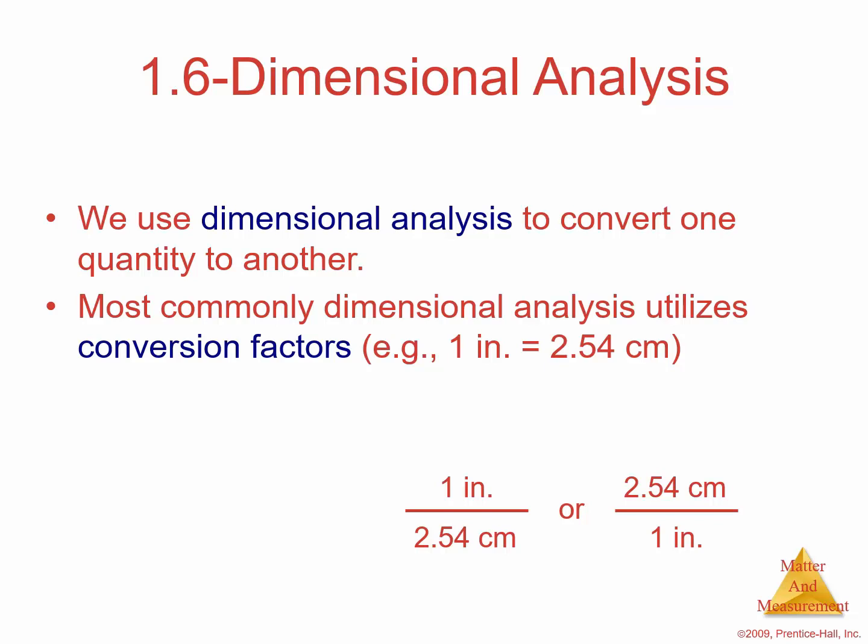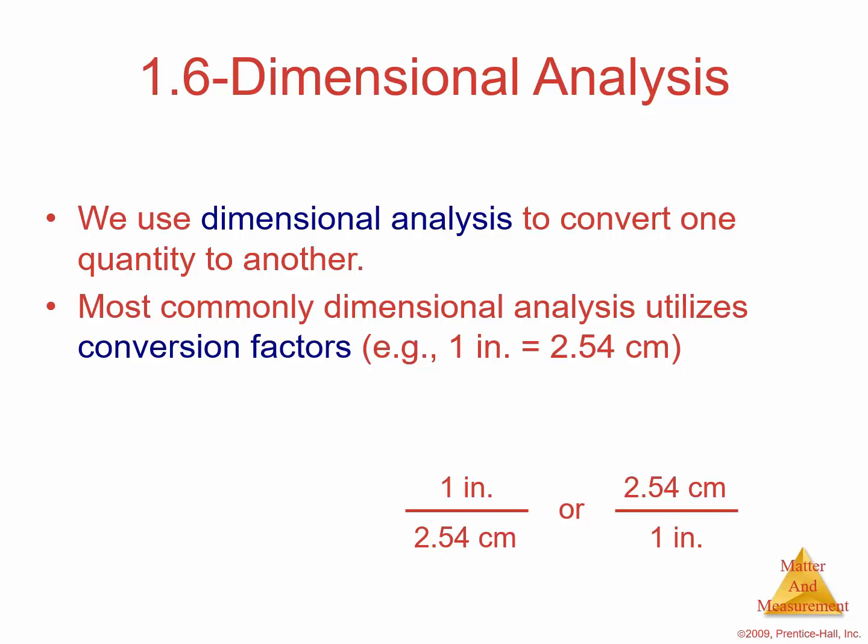So remember, this relationship allows us to write two conversion factors: there are 2.54 centimeter per inch, or 1 inch equals 2.54 centimeters. So this is a conversion factor, and this is another conversion factor.